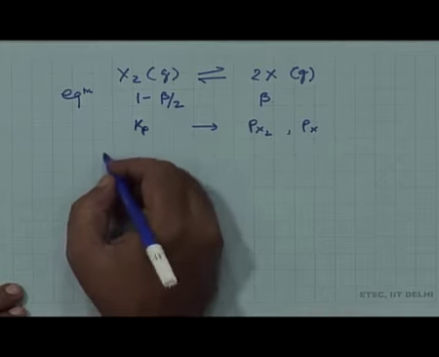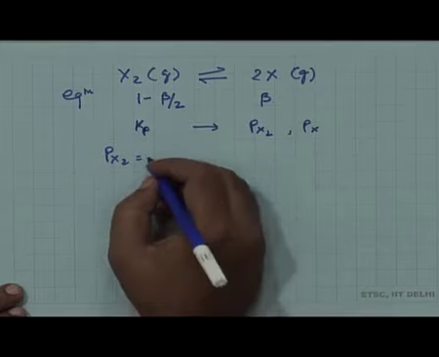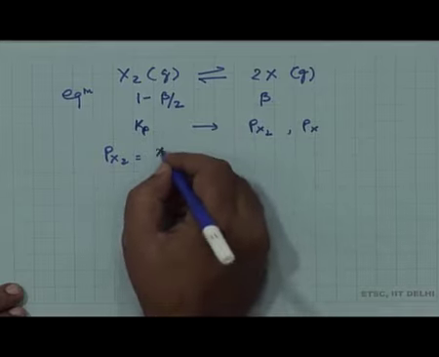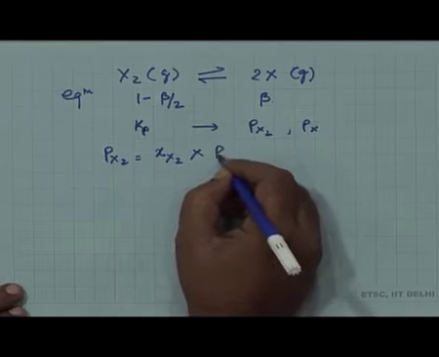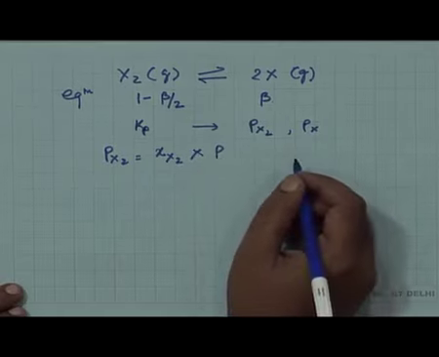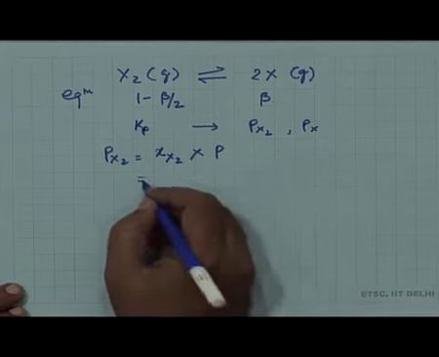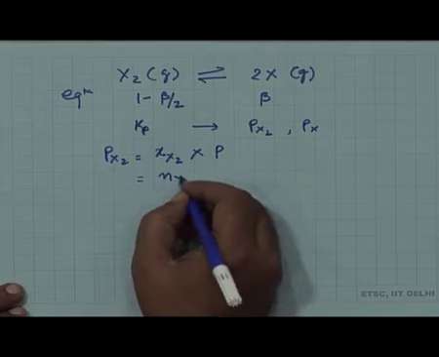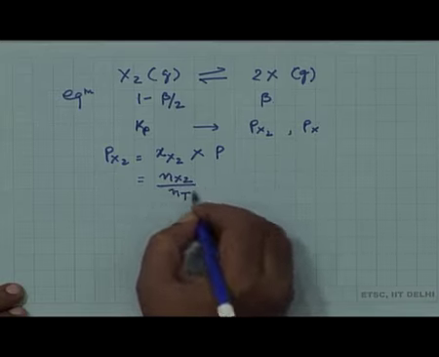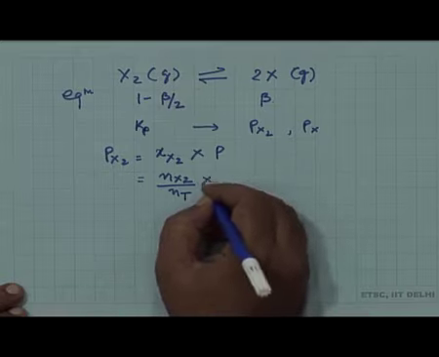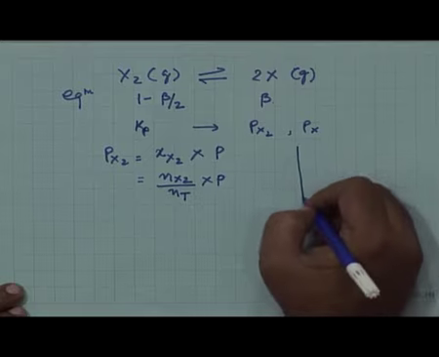So, partial pressure of X2 is equal to mole fraction of X2 into total pressure. And what is mole fraction? Mole fraction is your N of X2 divided by total number of gaseous molecules, multiplied by P. What is NT?